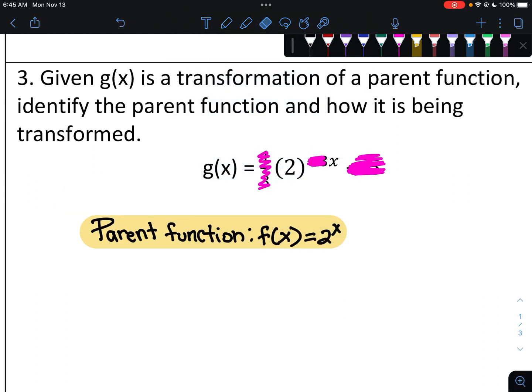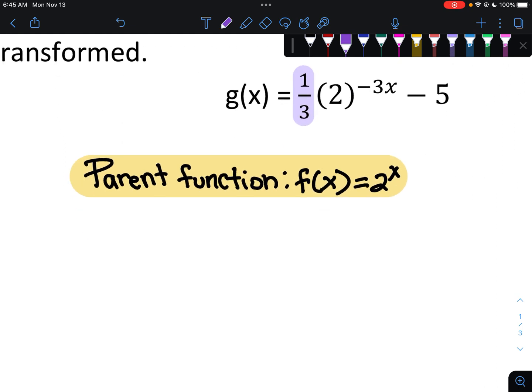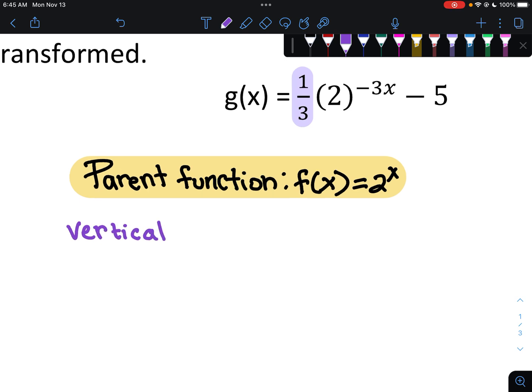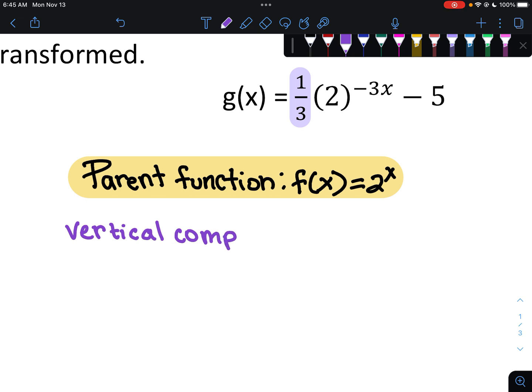So then if I remove all that, we can talk about the transformations. This right here is a 1/3, which is causing a vertical compression. This negative sign is causing it to reflect over the y-axis.